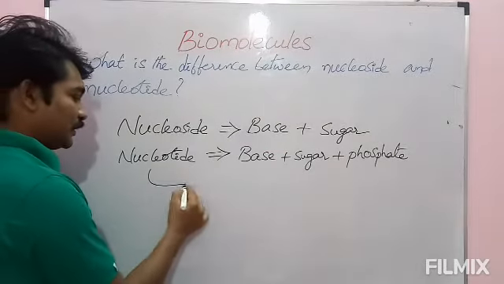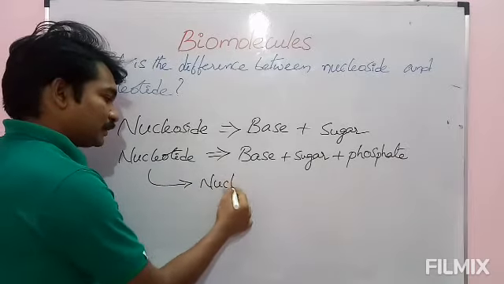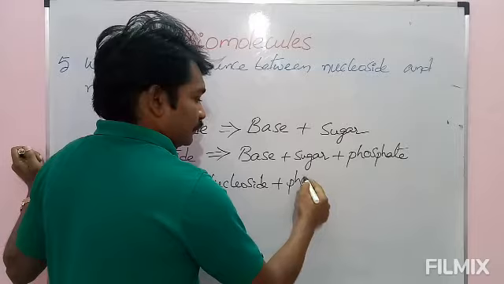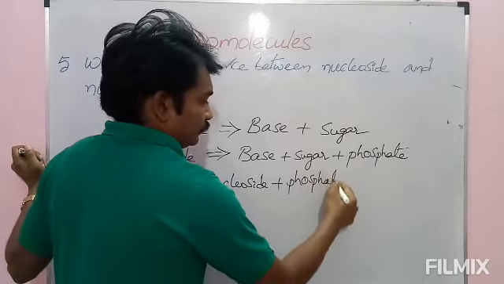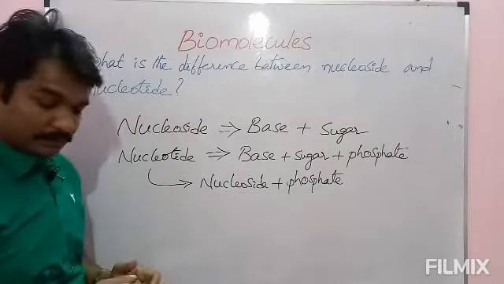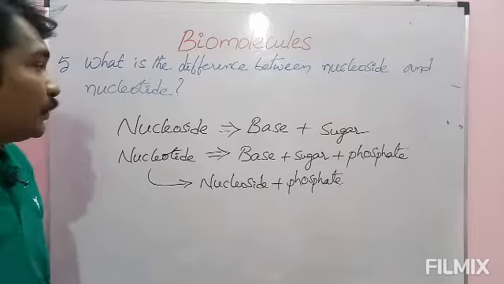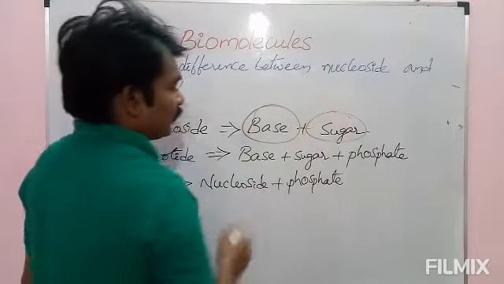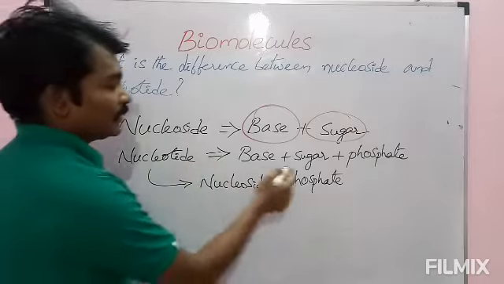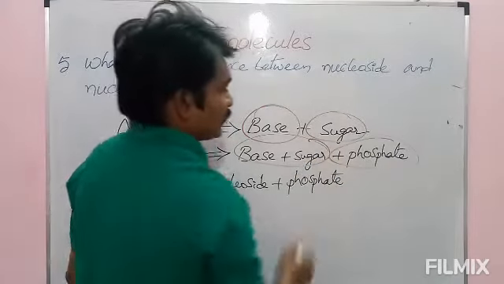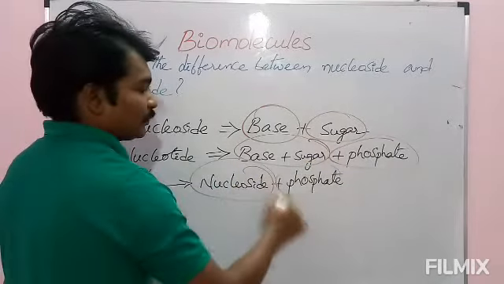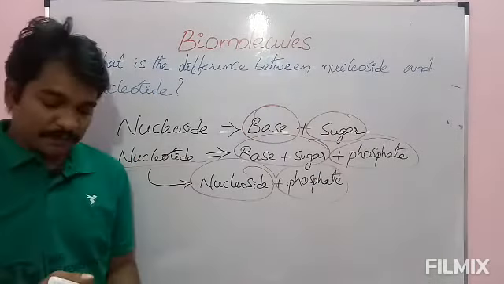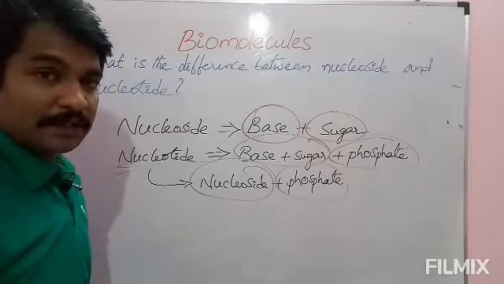It is nothing but nucleoside plus phosphate. Please check this one. Nucleoside has only base and sugar, whereas nucleotide has base, sugar and also phosphate. Nucleoside plus phosphate is equal to nucleotide. Please note down this important difference between these two things.